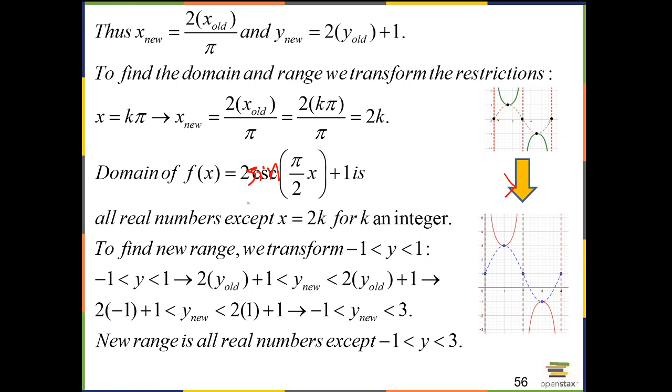The domain of sine is all real numbers, and the domain is always all real numbers, but the range of sine can change. So we take the range of sine, -1 to 1, and if this is sine of pi over 2 x plus 1, we apply the transformation to it to find the new range. So you can use this method for any of the 6 trigonometric functions.